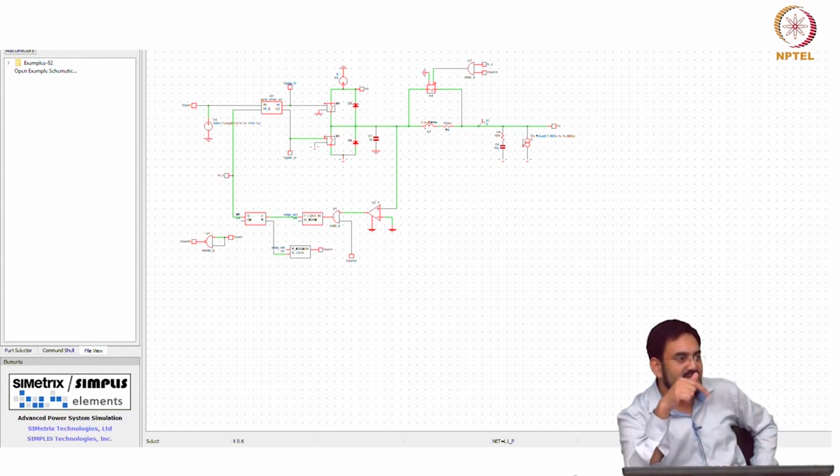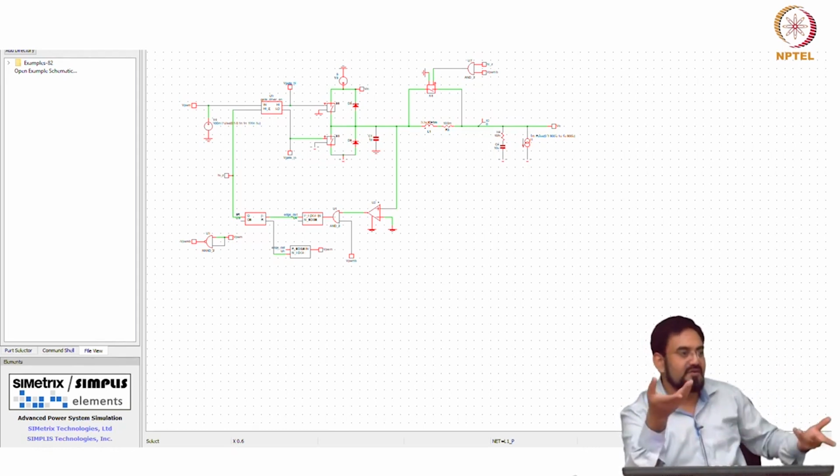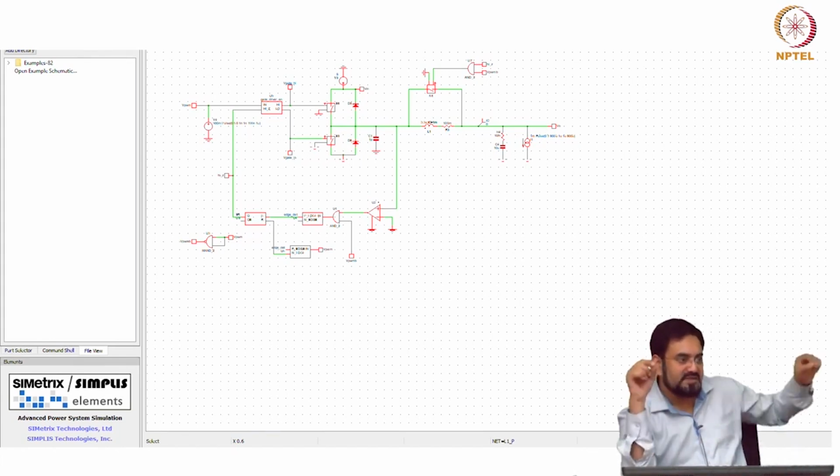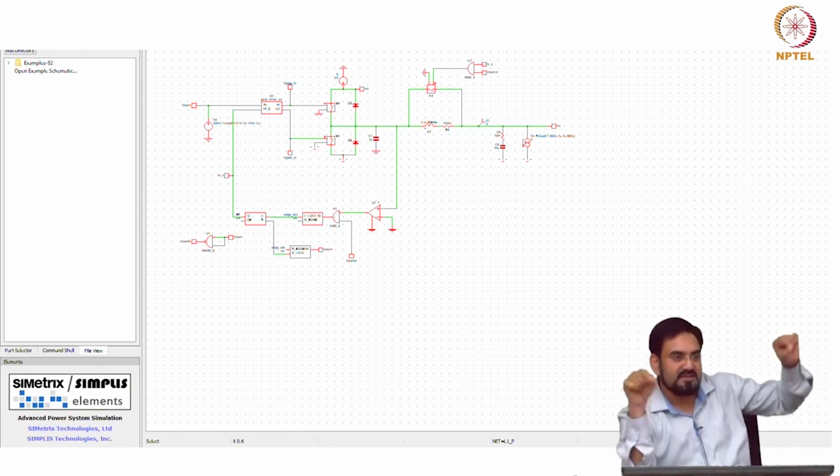Even though you turn off, the inductor will try to store the current, because it is a current storage device. It is not that if you turn off at 0, the inductor current will fall to 0. That is not possible, because an inductor always stores the current, just like a capacitor stores the voltage. The same thing is happening here also. When you make it high Z, this current will not change instantaneously unless you discharge the inductor fully by forcing the voltage.